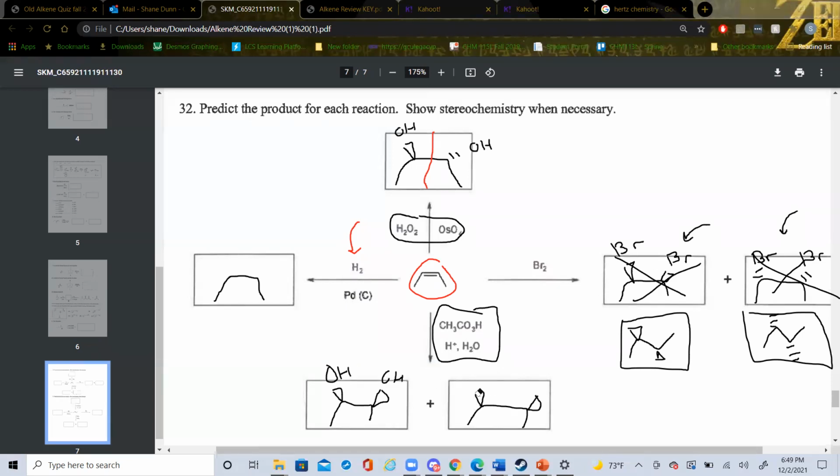Oh, sorry, typically these should be dashes. Dash, dash, dash, dash. OH, OH. We're just going to flip them around a little bit so they're not technically meso or racemic. So you're drawing like this. Okay, that's how you do 32.